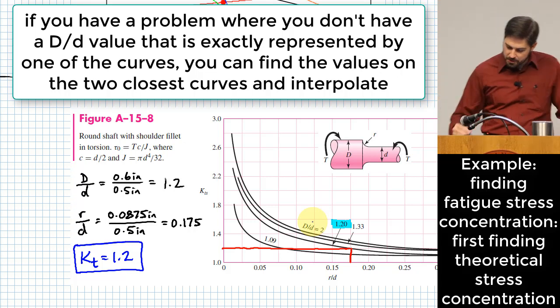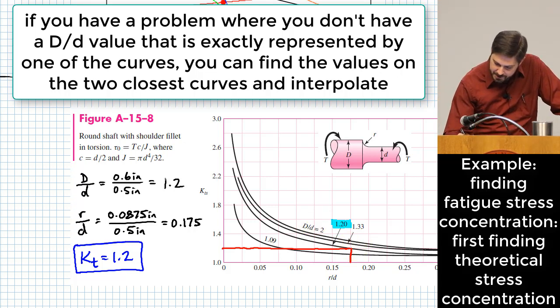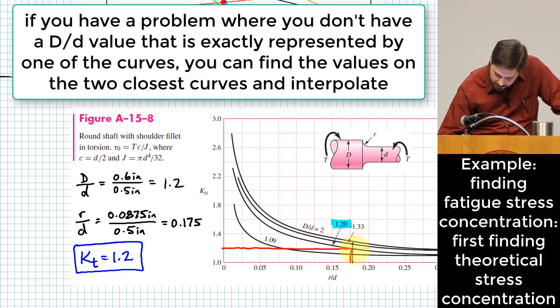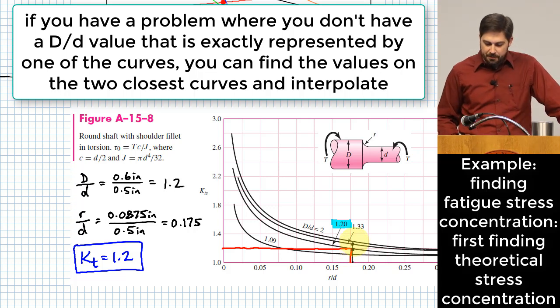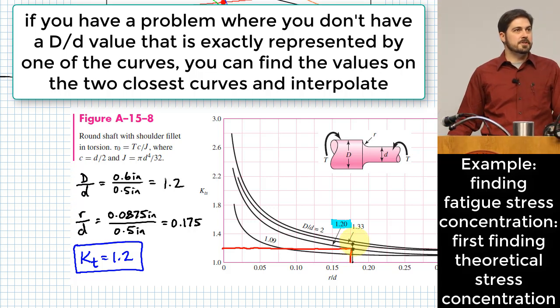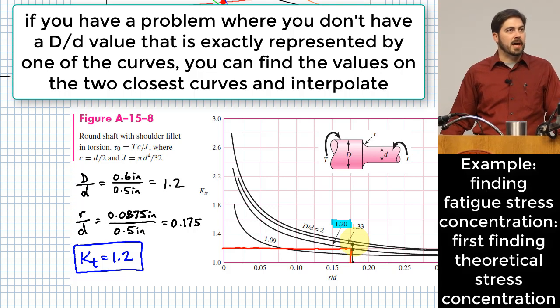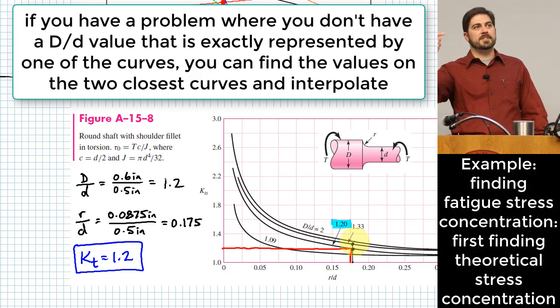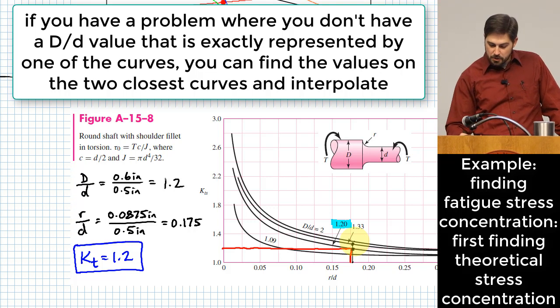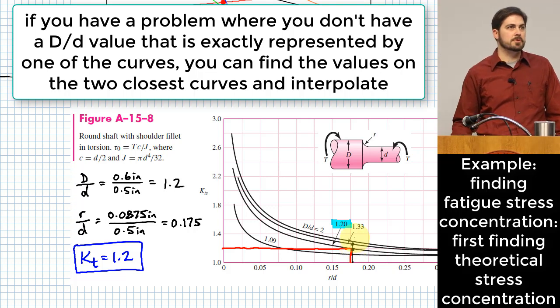Yeah, so what you could do if you're between two curves, for instance, let's say that you drew a line up like this, and you figure out the value here, and you figure out the value here, right? You know what the D over d values are for those two locations, and you have a D over d value that you're actually trying to get, and so there's no reason you couldn't linearly interpolate between those two points.